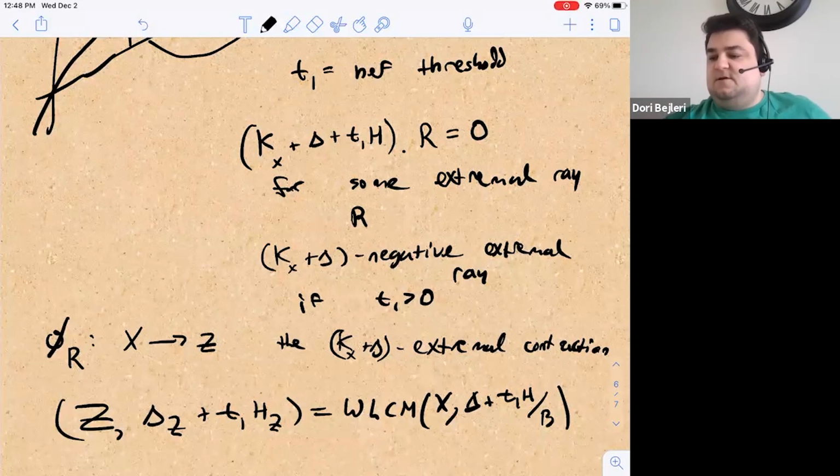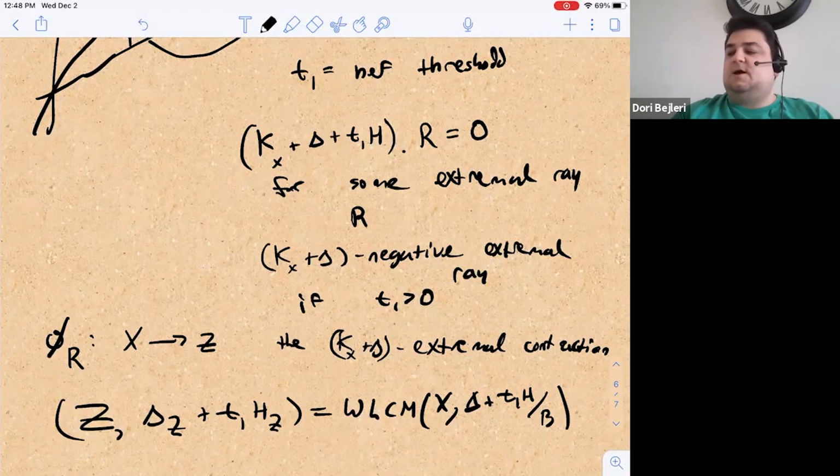So it's nef on X, but it's also nef on Z because we're contracting only KX plus delta plus T1H zero curves. We're contracting curves where it's just trivial. So on Z, it's also nef. And so we have a weak log canonical model for this pair delta plus T1H.